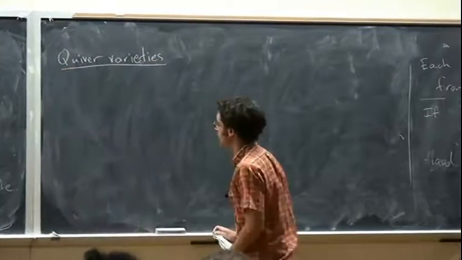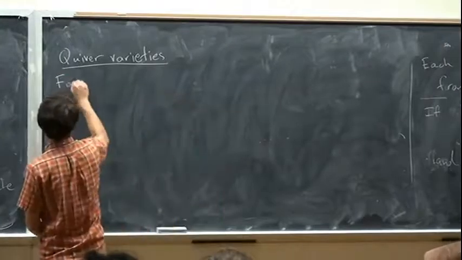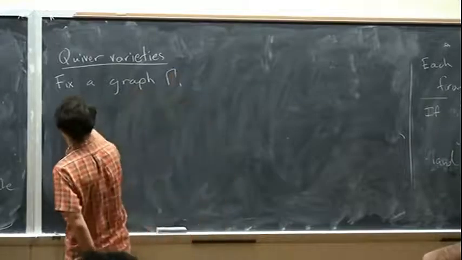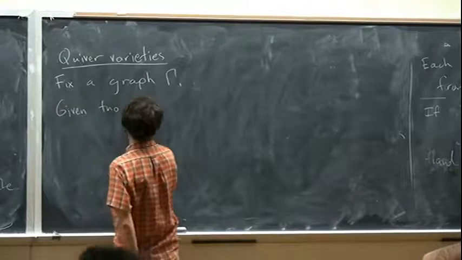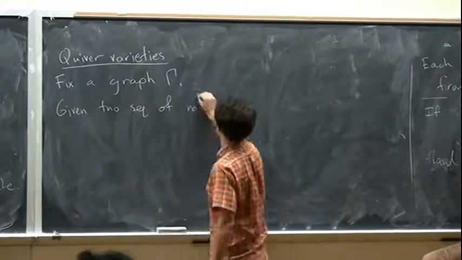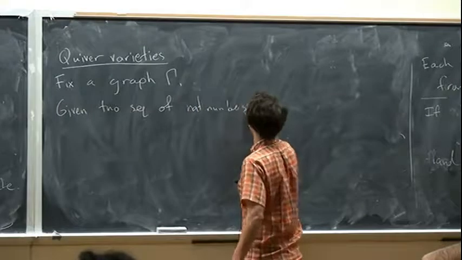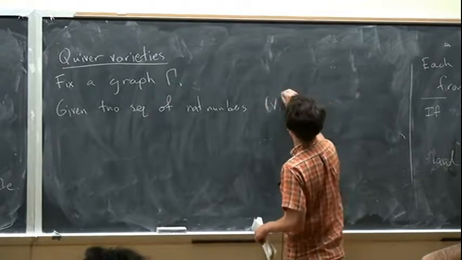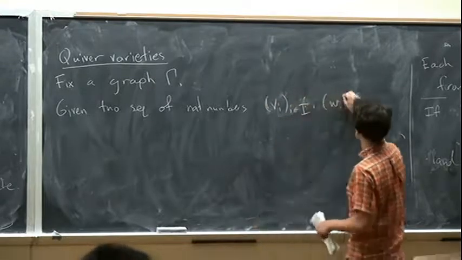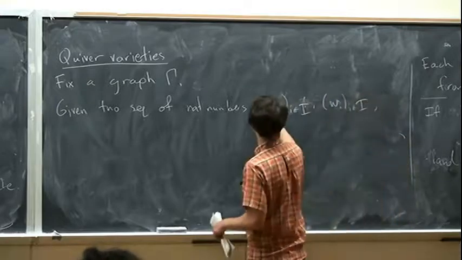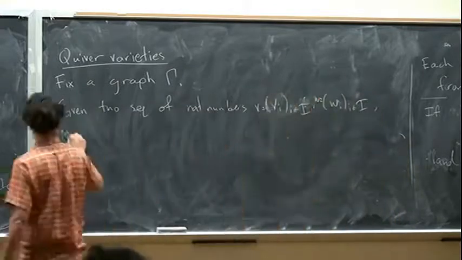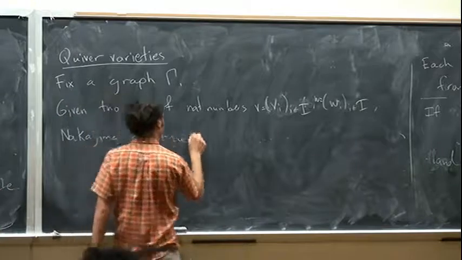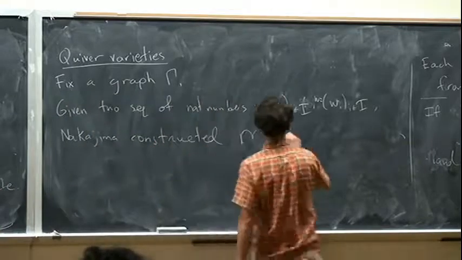Quiver varieties. So we again fix an arbitrary Gamma. Then given two sequences of natural numbers, v_1 up to v_n, and w_1 up to w_n, we call them special sequences v and w, Nakajima constructed some quiver variety.